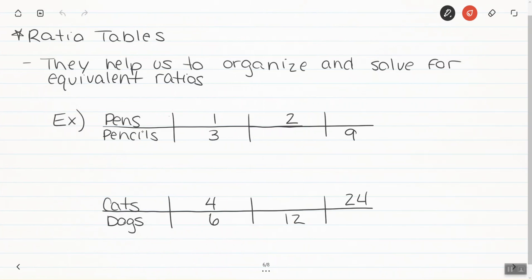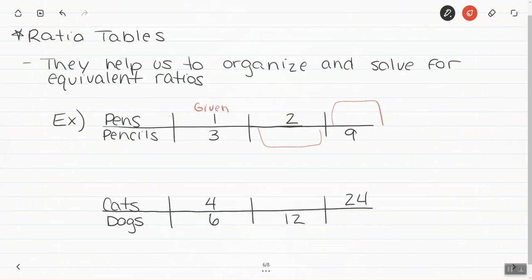You have pens to pencils. So the ratio of pens to pencils is 1 to 3. And this is going to be the ratio that we were given in the problem. Now they're asking us to fill in these empty spots in the table.